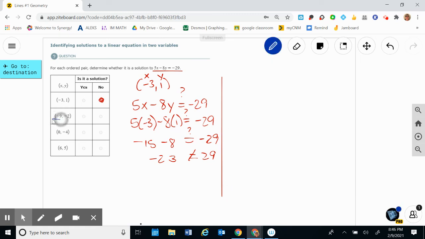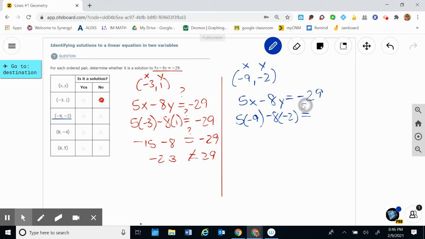Let's do this one. Okay, -9, -2. This is your x, this is your y. We're trying to find out if this point is on this line, or if it's a solution. So look, 5 times -9 minus 8 times -2. Does that equal -29?